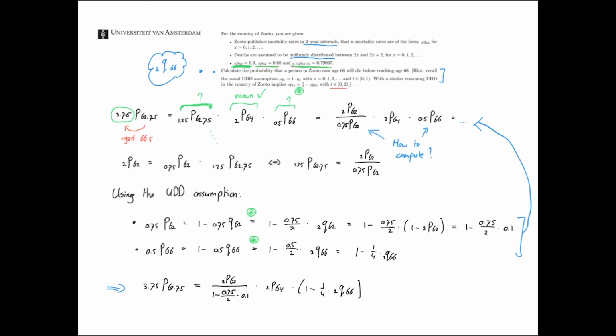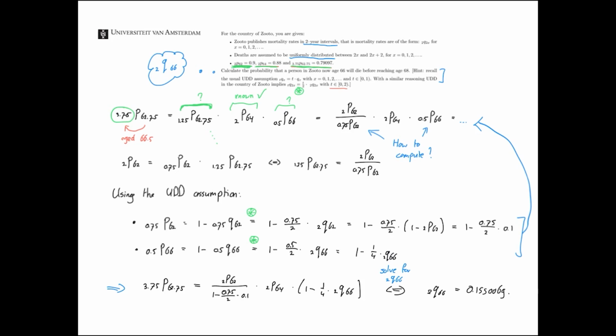And if you solve for 2q66, I will not do these details, it's just some algebra. So solve for 2q66 to get that 2q66 must be equal to 0.1550069, and that is how we solve it.